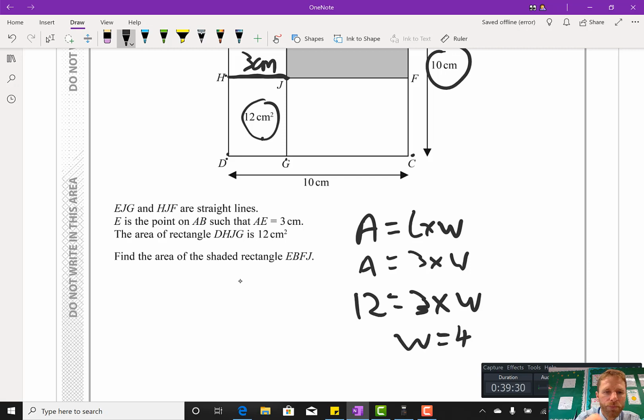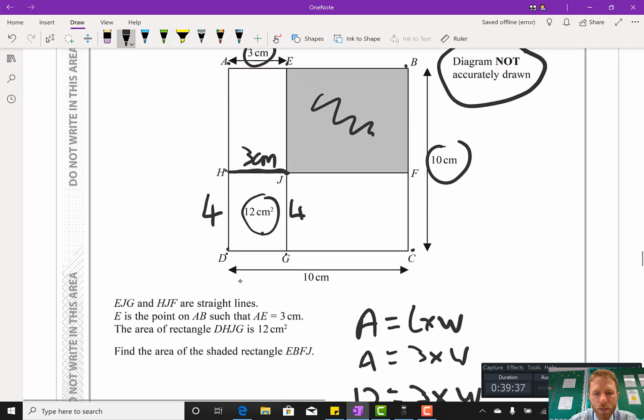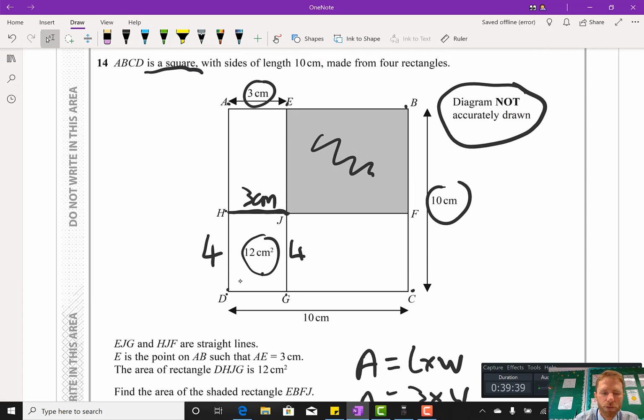So here, that side is 4, that side is 4. Now that's useful because I know that the distance from C to B is 10 and I know that this distance is 4. So if I take 4 away from 10, this side of my rectangle must be 6 and well on the way to solving this.